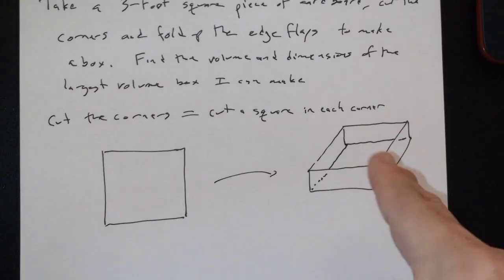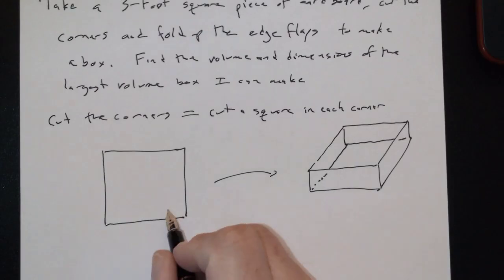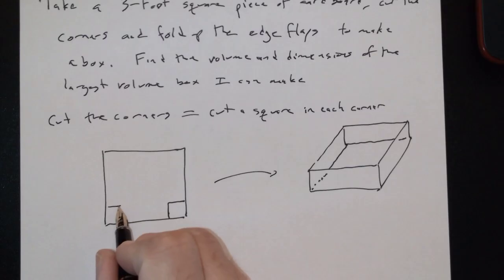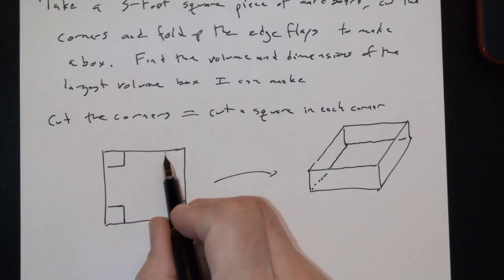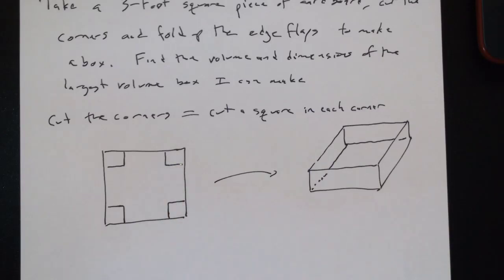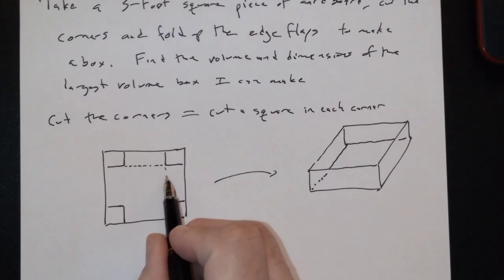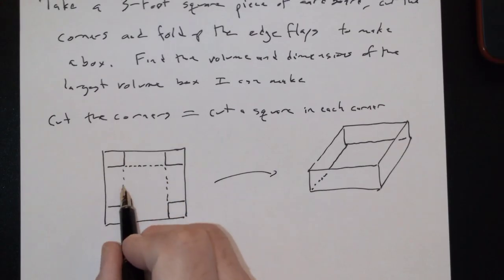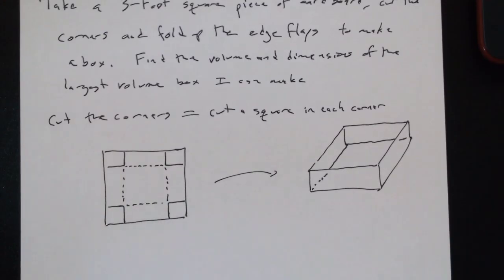But in order to get from here to here, I have to make a cut in the corner. Like that. And then I'll have fold lines here. So far, so good?